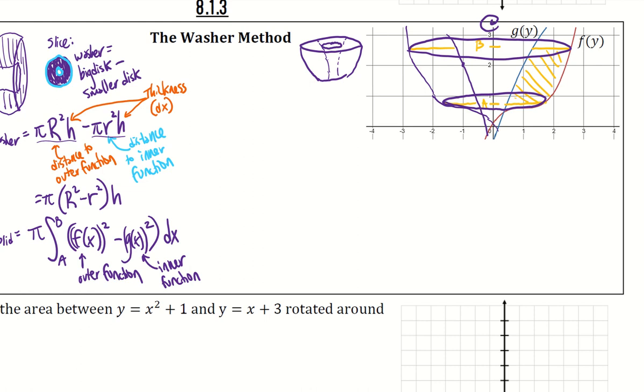All right, so the volume of one of my washers is going to be pi times the larger radius squared times the thickness minus pi times the inner radius squared times the thickness, which again becomes pi big R squared minus little r squared.